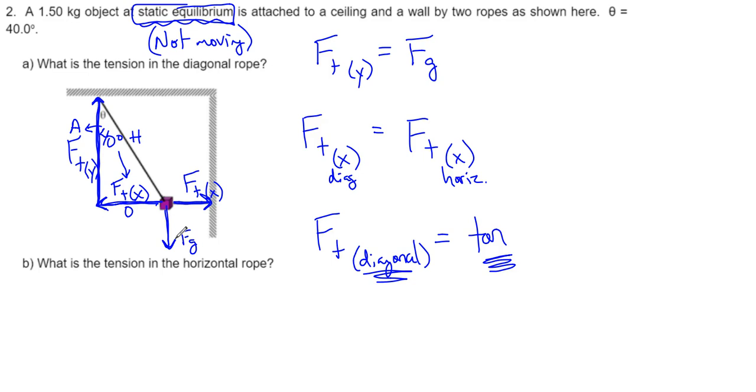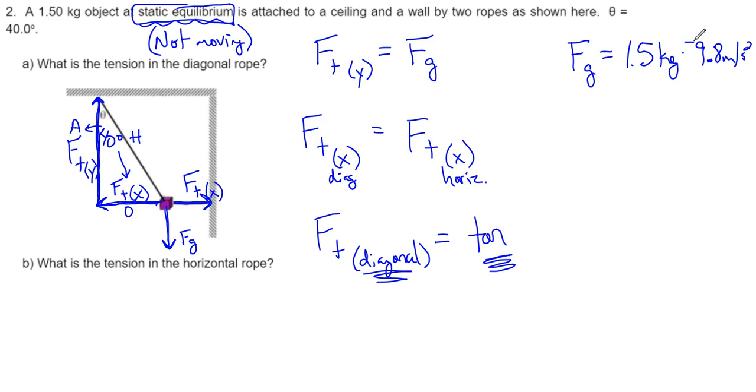So all of this starts with figuring out what the force of gravity is. The force of gravity, of course, is our mass, which is 1.5 kilograms, times acceleration due to gravity, so our 9.8 meters per second squared. Remember, it's heading down, so if you want, you can make it negative just to make sure that you carry that through.